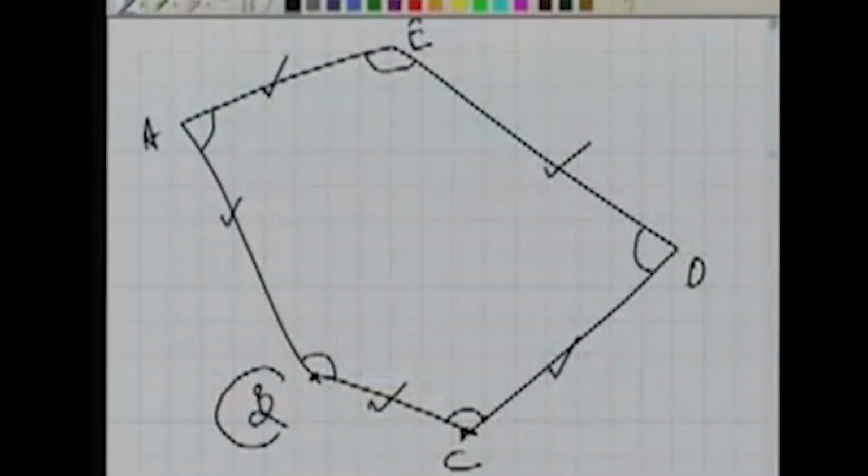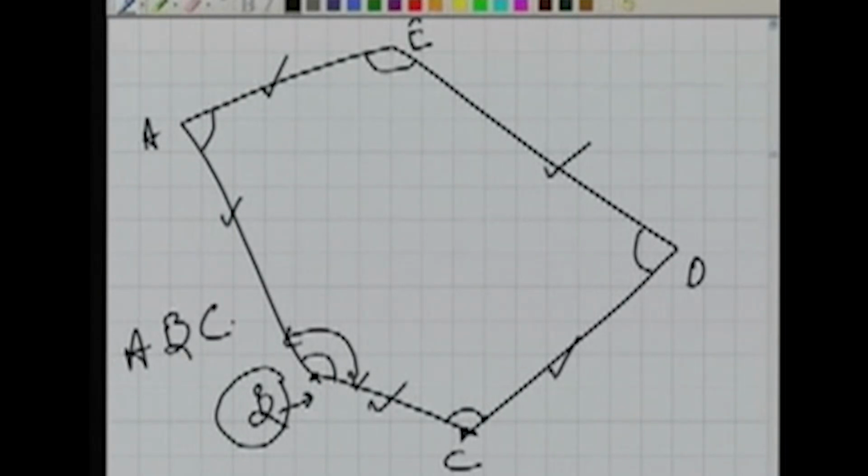Let us say our theodolite is at point B over here, and we want to measure the angle A, B and C. This angle is required.